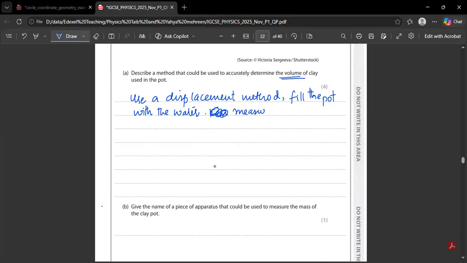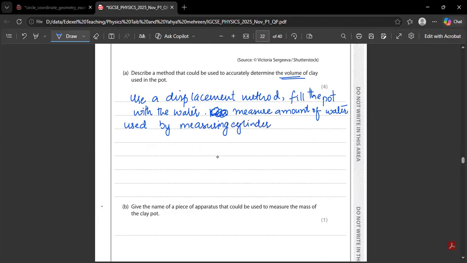Measure the amount of water. Yes, Marine, what do I have to use to measure the amount of water? Measure the amount of water used by a measuring cylinder. Yes.